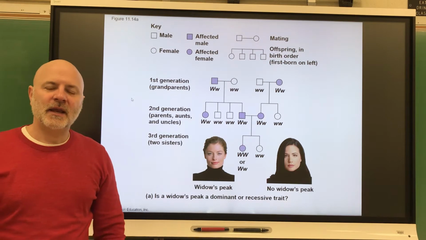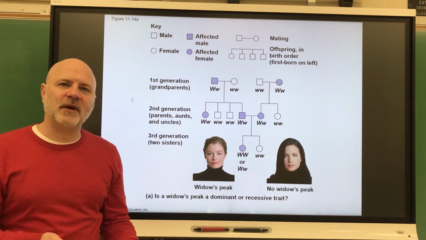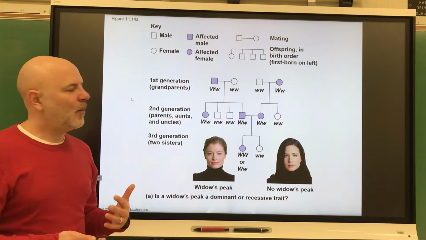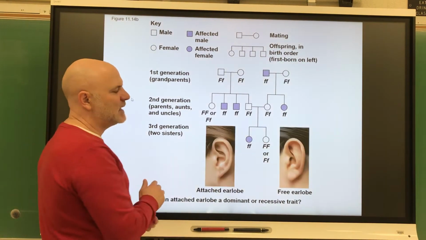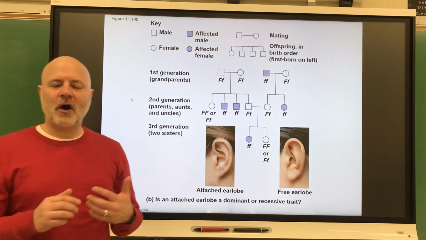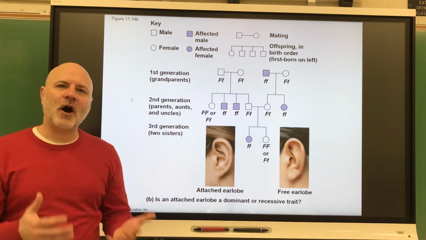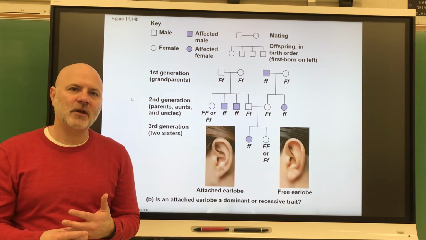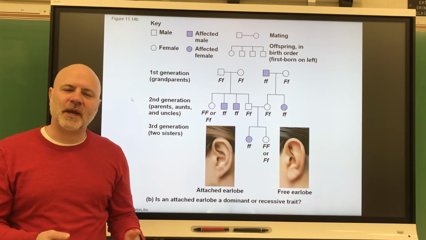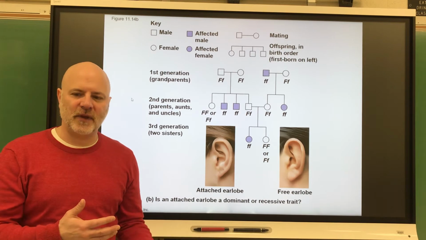All right? Now, there are three types of pedigrees to look at. One type is called an autosomal recessive. So if we go to this next one here, an autosomal recessive trait, an autosome, if you guys remember, are the non-sex chromosomes. So with an autosomal trait, we're going to see it in both males and females.